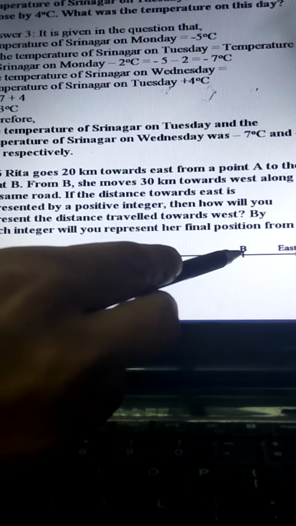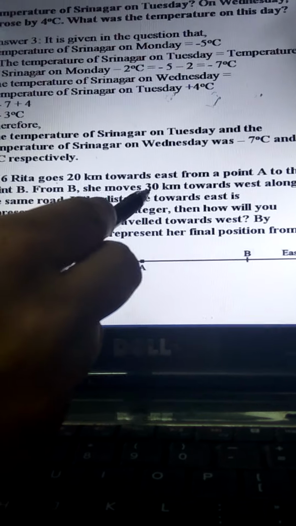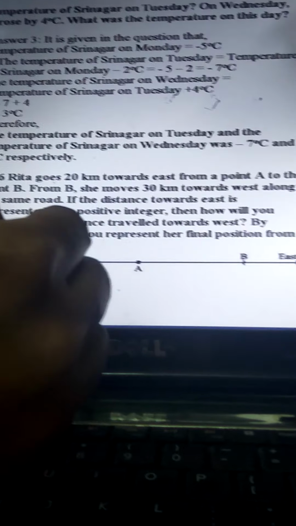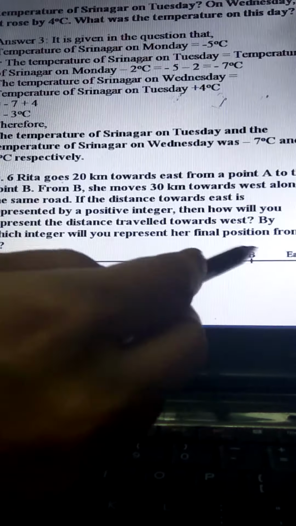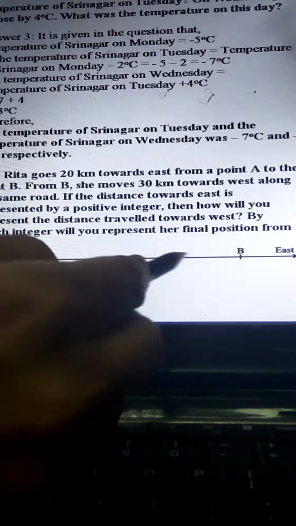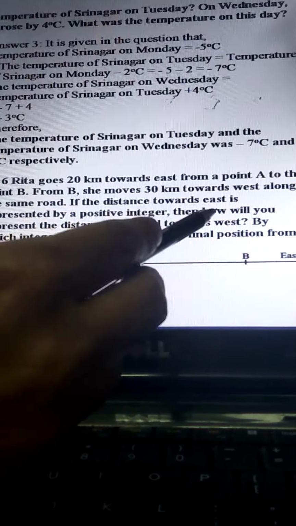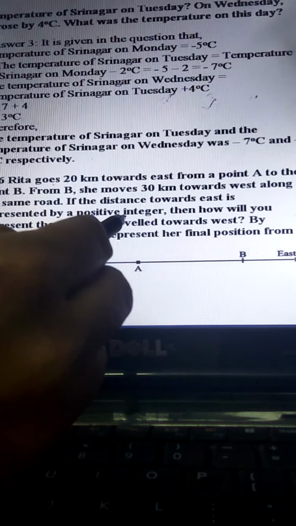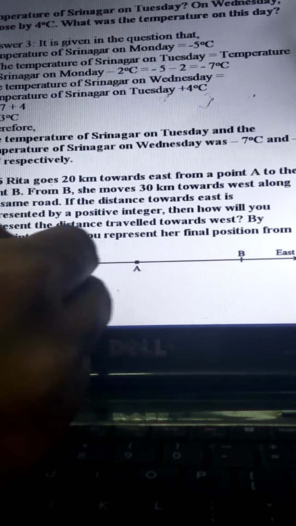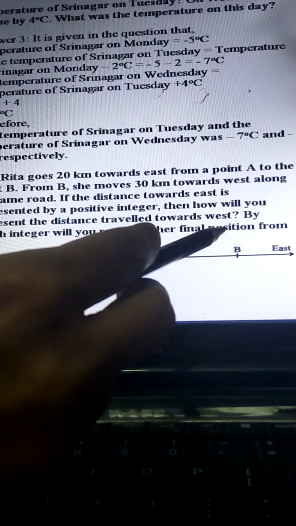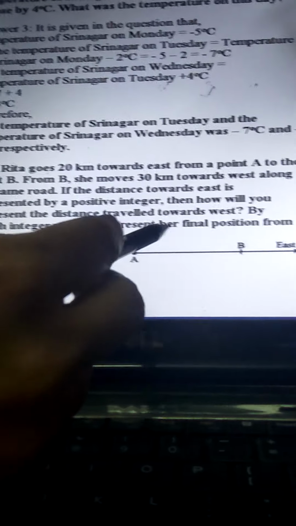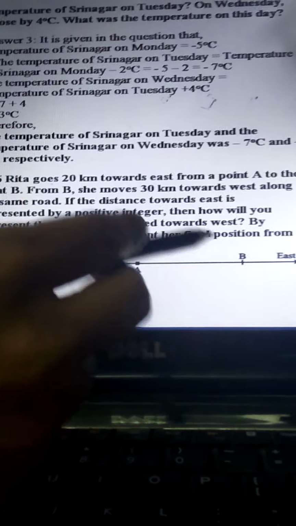Now she is standing here. From B, she moves 30 kilometers towards west along the same road. Now after reaching here, she has started moving to this side, right? If the distance towards east is represented by positive integers, then how will you represent the distance traveled towards west? By which integer will you represent the final position, right, students?